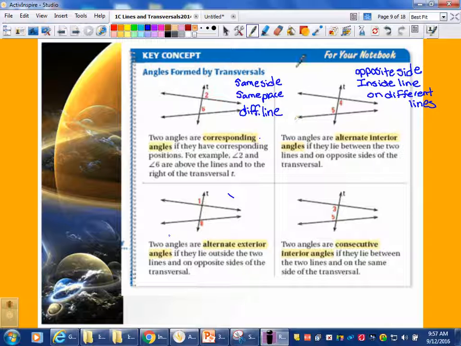Now another relationship you will read about and you will have to learn is alternate exterior. Alternate exterior, again, opposite sides of the transversal for alternate, on the exterior of the lines being intersected, and again on different lines.